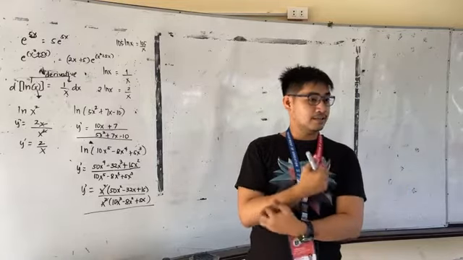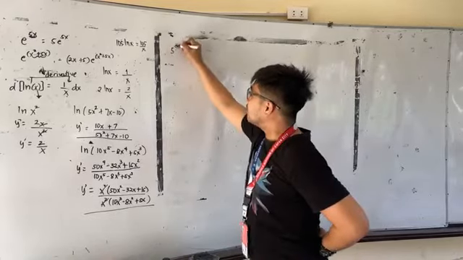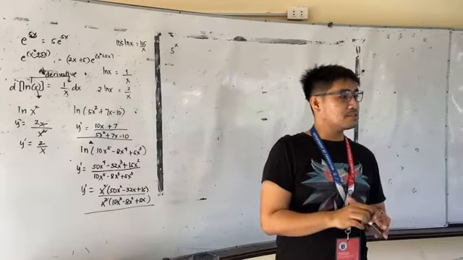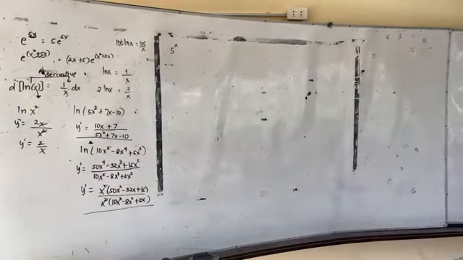Okay. So what if you're now given 5 raised to x? How do you get the derivative of a constant raised to a variable? Any idea?